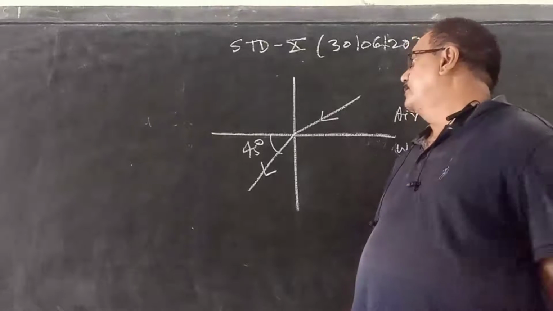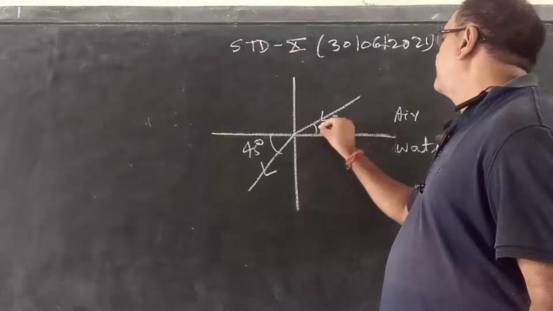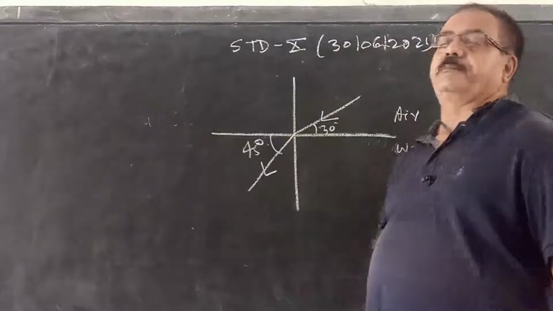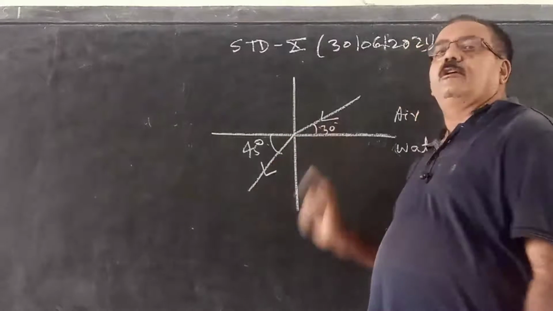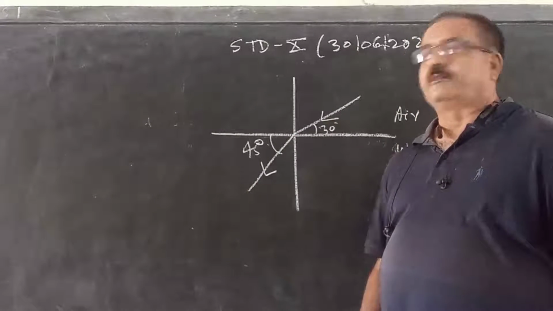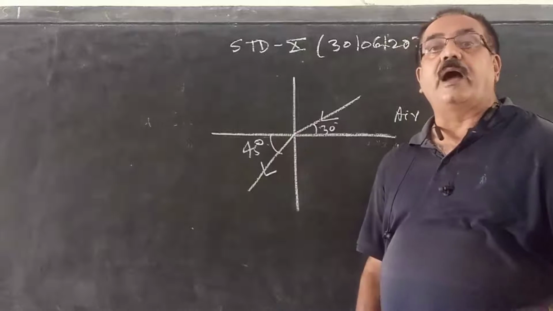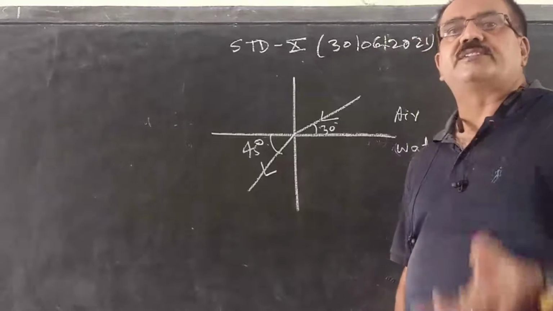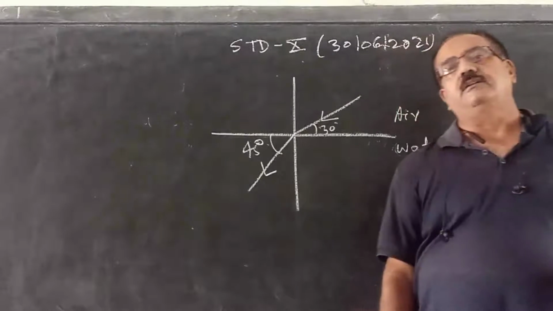This angle is given as 30 degrees. This is given as 45. This is not the angle of incidence, this is not the angle of reflection. Why?